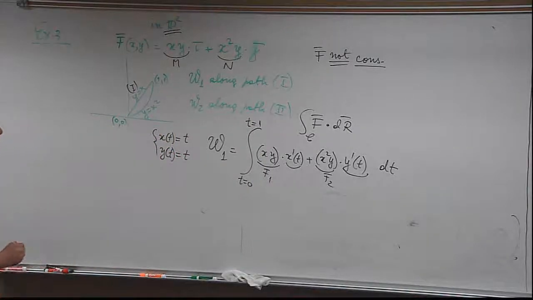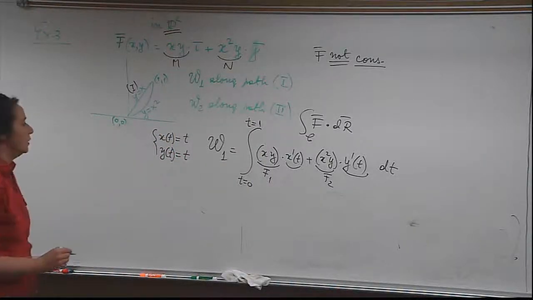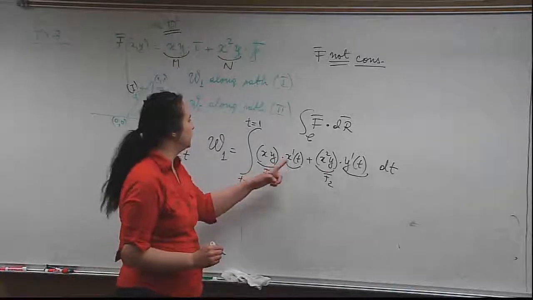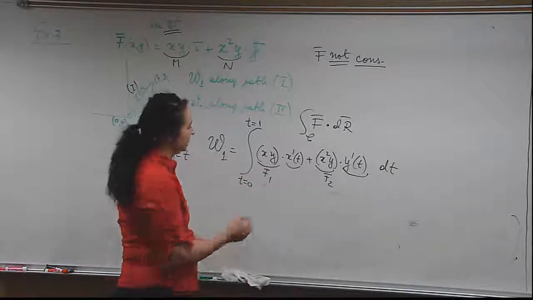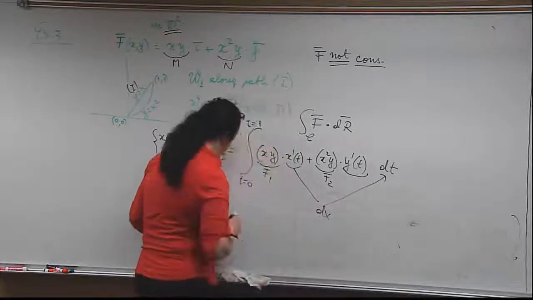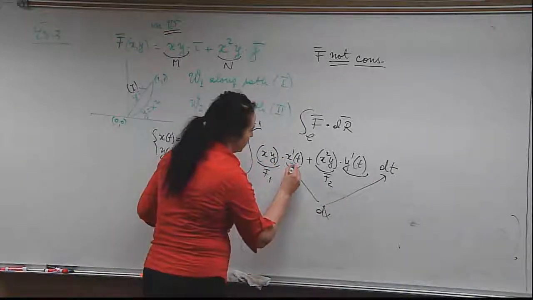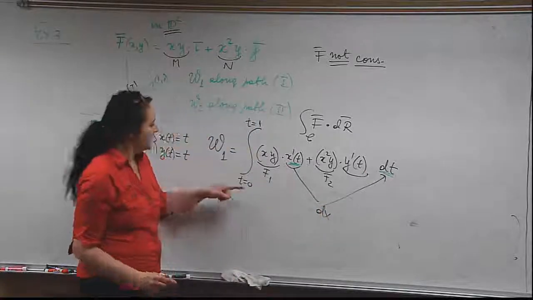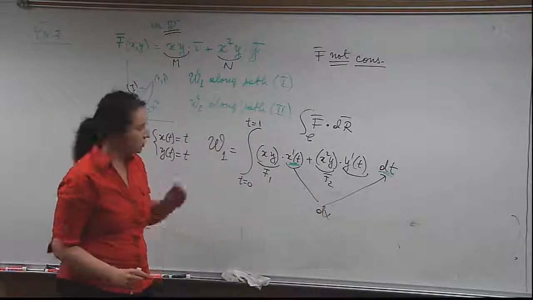Because we're going to do a chain rule anyway. This times that is dx, and then you can use the t's. All right, there we go.